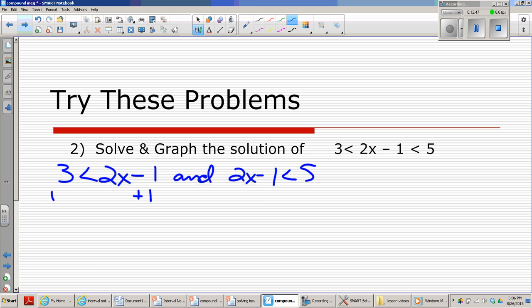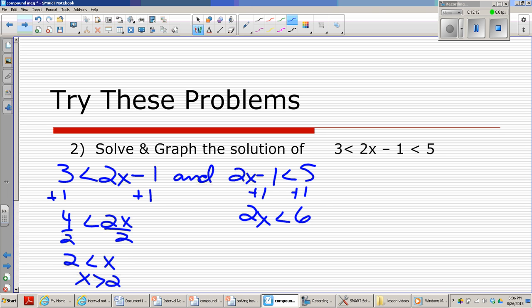So I would add 1 to both sides. I would divide by 2, and I have 2 is less than x. Now, if we want that in the correct order, we need to switch it around and have x greater than 2. The second inequality, adding 1 to both sides, we have 2x is less than 6. Dividing each side by 2, x is less than 3.